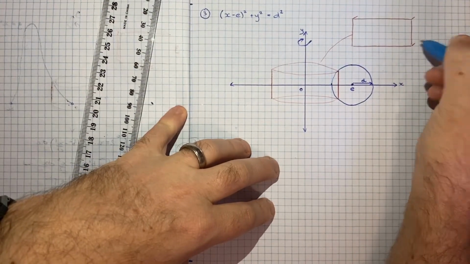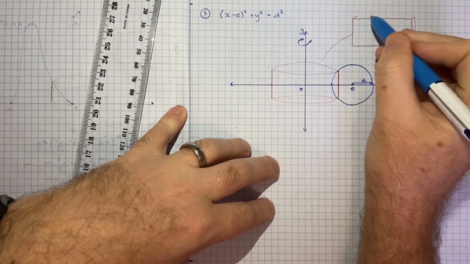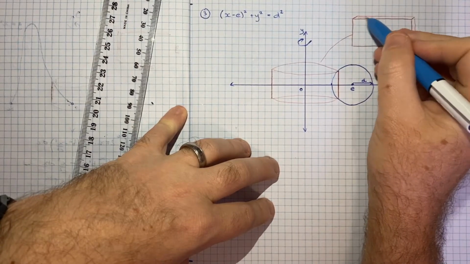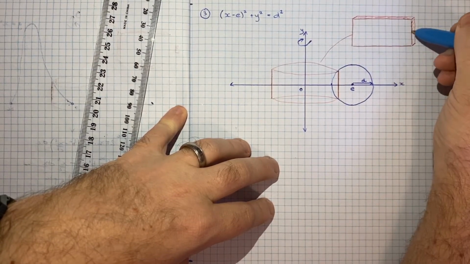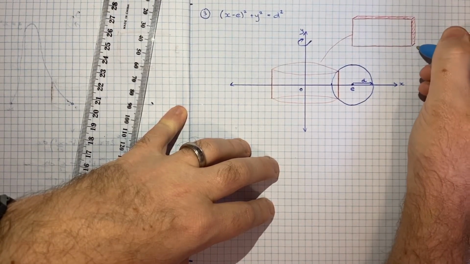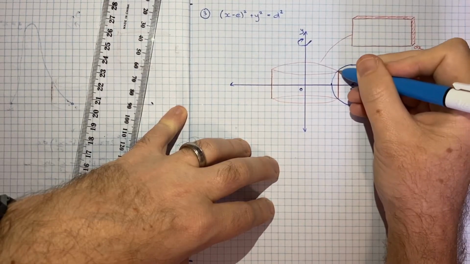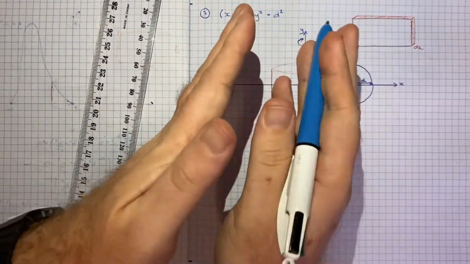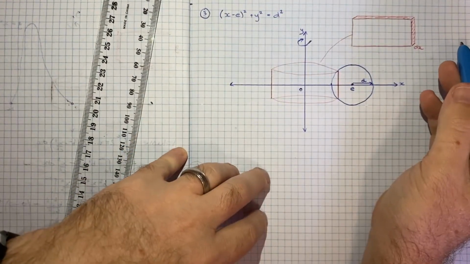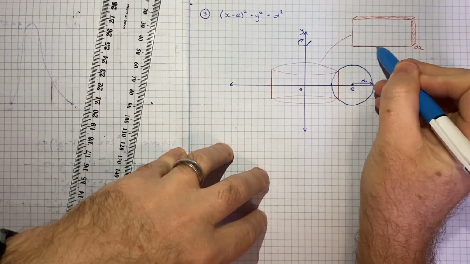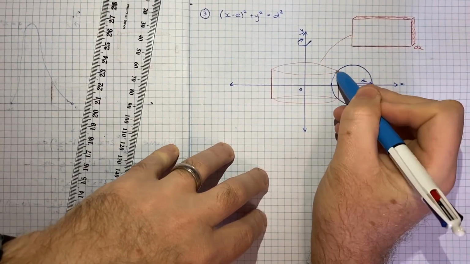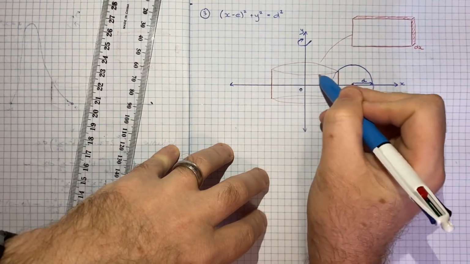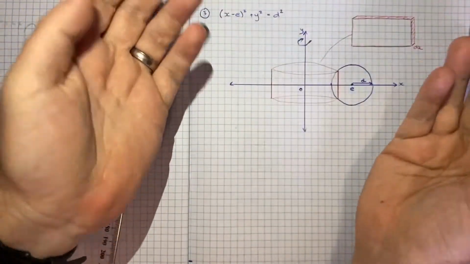And so what are the dimensions of that rectangular prism? Well, we know that the height of it is essentially dx, because that's the width of this line, the thing that we hope gets really, really thin.